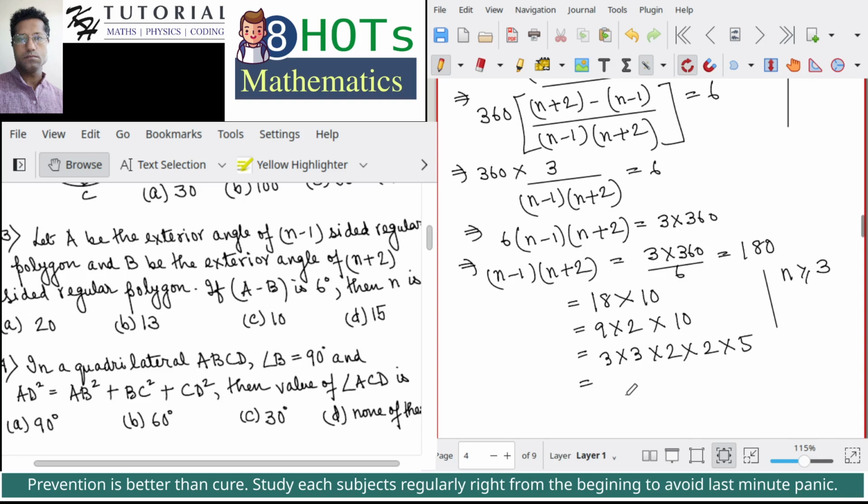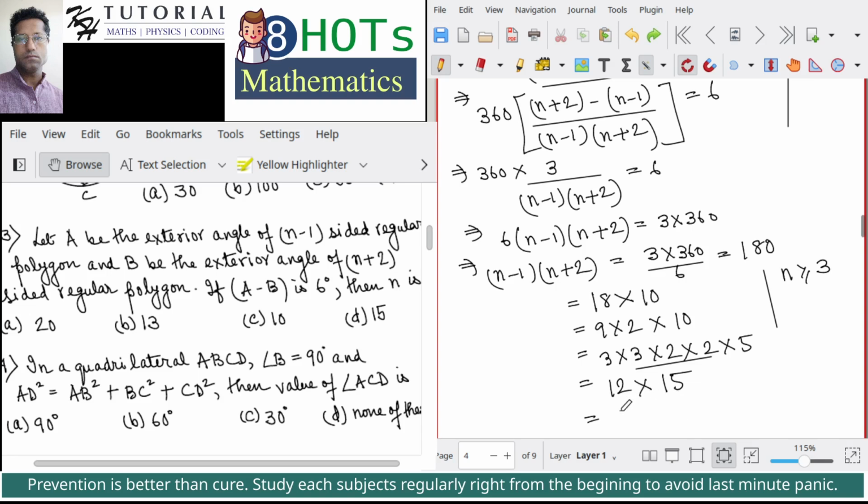Now you have to do some observation, use your common sense and basic mathematics, and create those two factors. I think if I take one factor as 3 into 2 into 2, that is 12, and the remaining is 15.